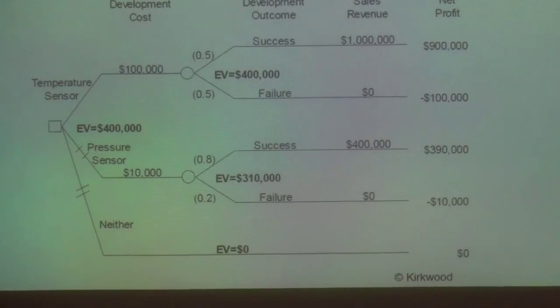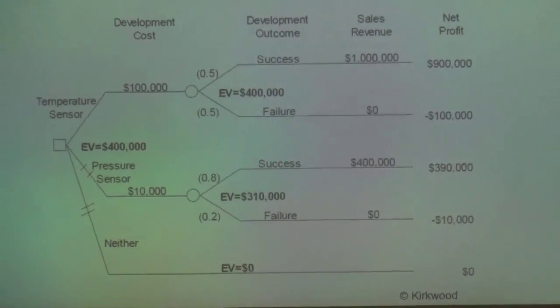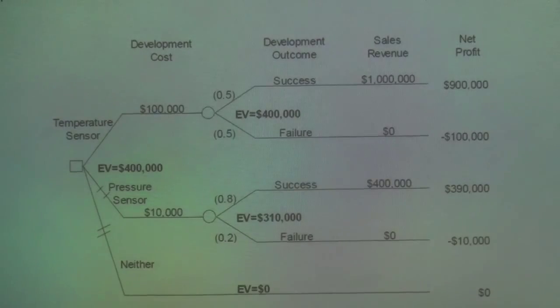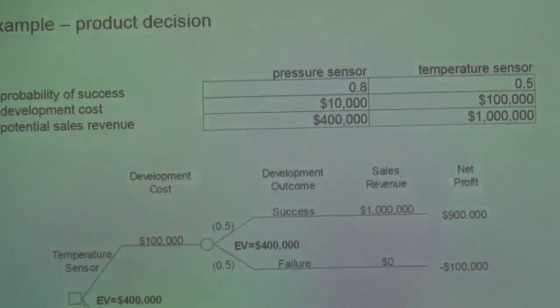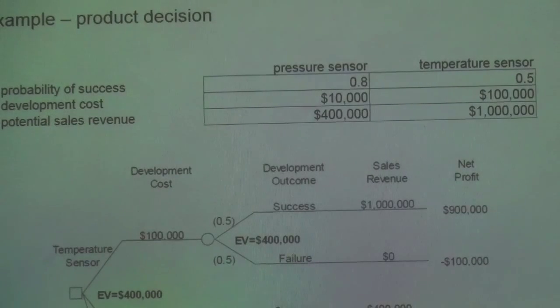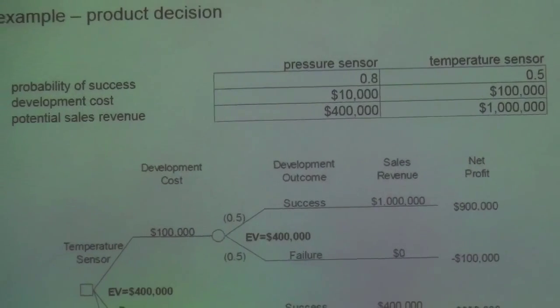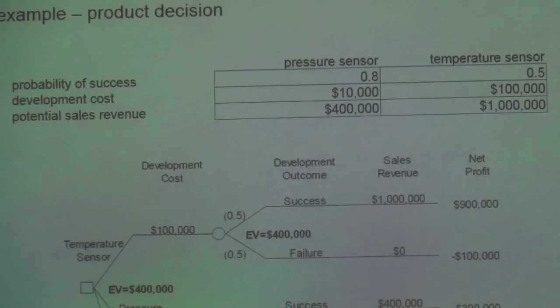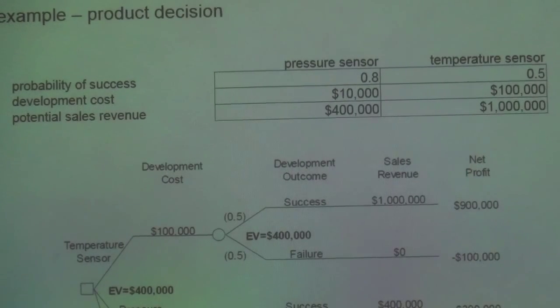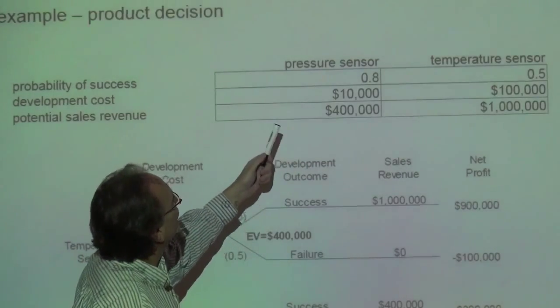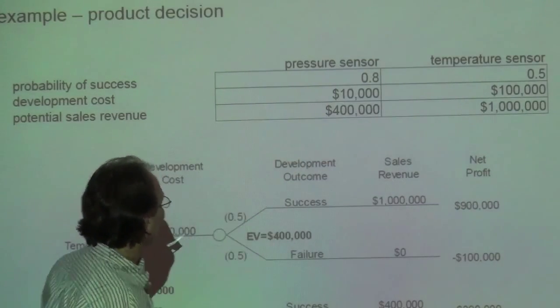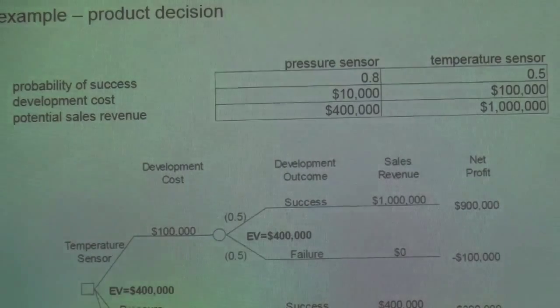So let's take a look at a more complicated example. We can produce two things, a pressure sensor or a temperature sensor. The probability of success from market is 0.8 and 0.5, respectively.